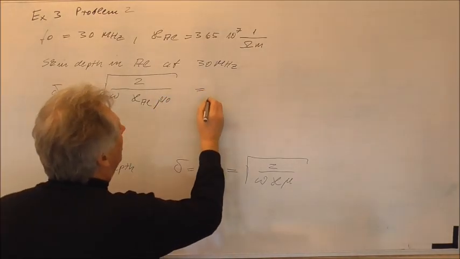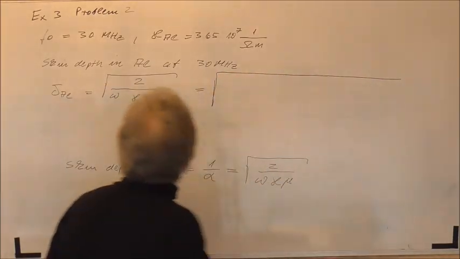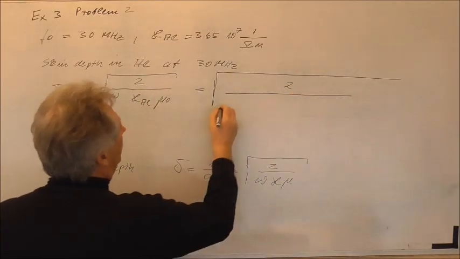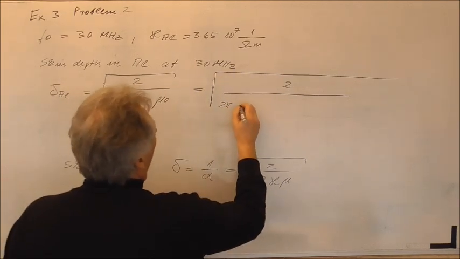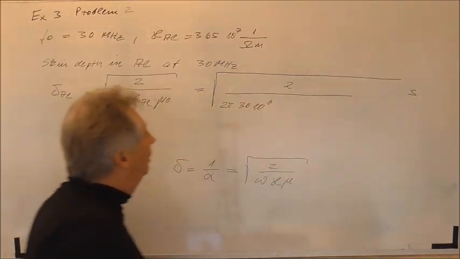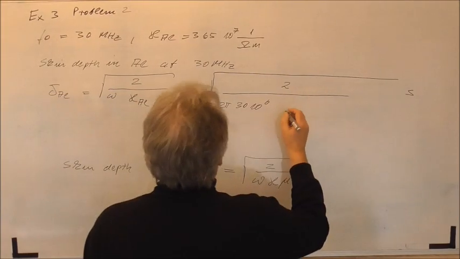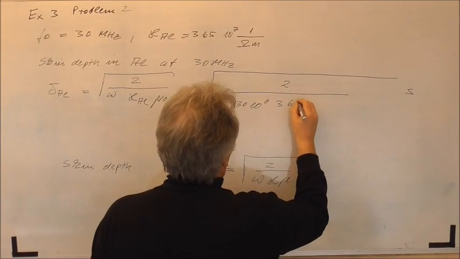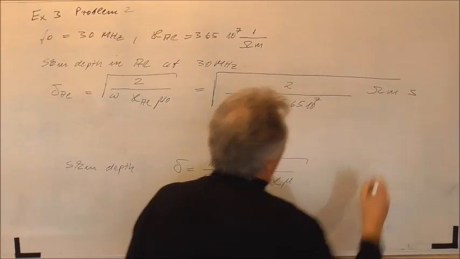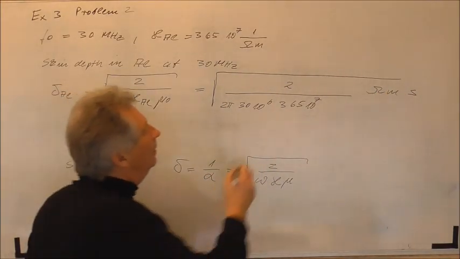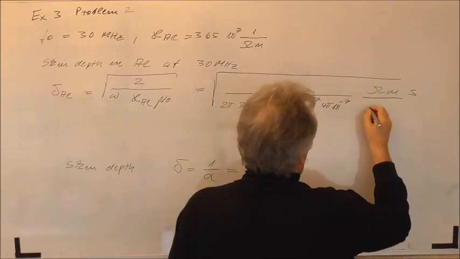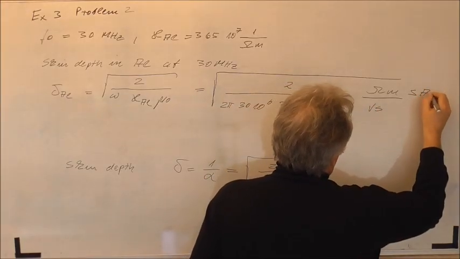So we can now insert the values here, and you will see first the 2 here, and we have 2 pi, and here we have 30 times 10 to the power of 6 1 over second, so hertz, and then 3.65 times 10 to the power of 7 ohm over meter, and we have mu naught, it's 4 pi times 10 to the power of minus 7 volt seconds per ampere meter.